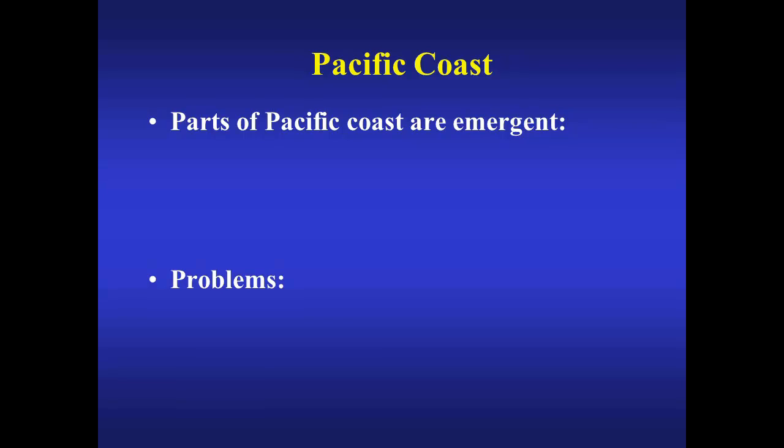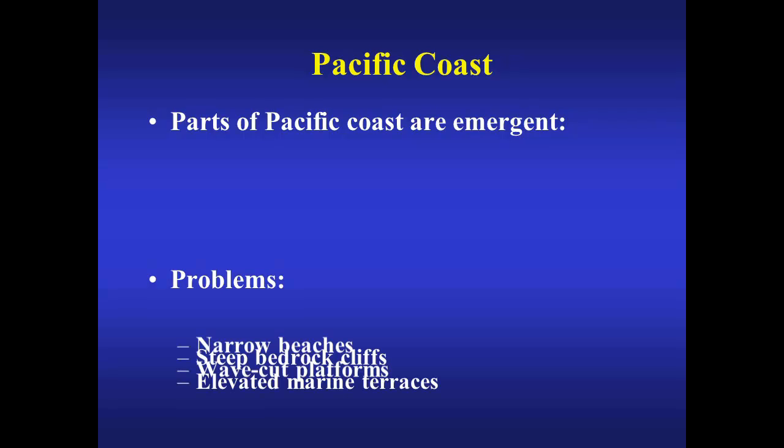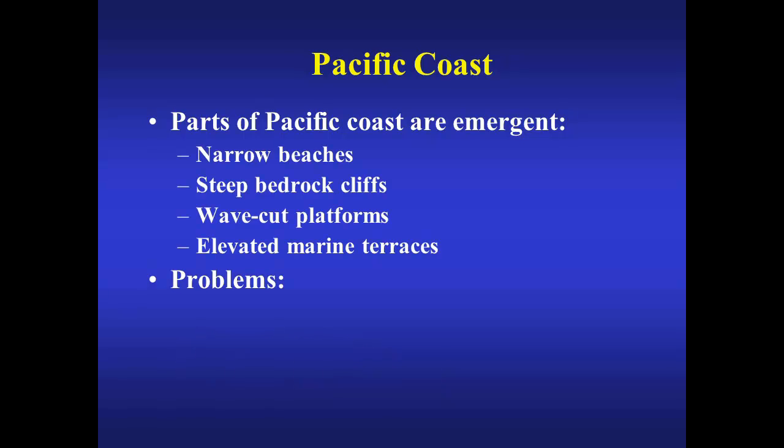Parts of the Pacific coast are emergent. For example, those sections are characterized by narrow beaches, steep bedrock cliffs, wave-cut platforms, and also elevated marine terraces.